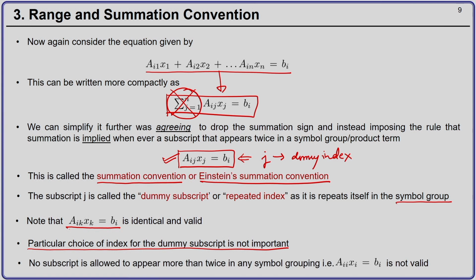Also, note that no subscript is allowed to appear more than twice in any symbol group. So, you cannot write a_i x_i equal to b_i. This is not a valid expression.